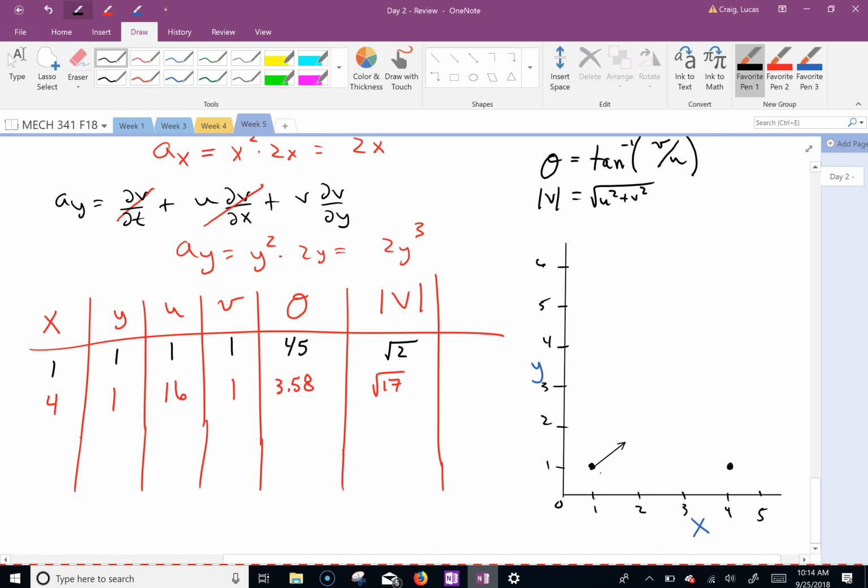Why? What's 16 squared plus 1? 16 squared. Do it in your calculator. Is it not right? Do you have a calculator?